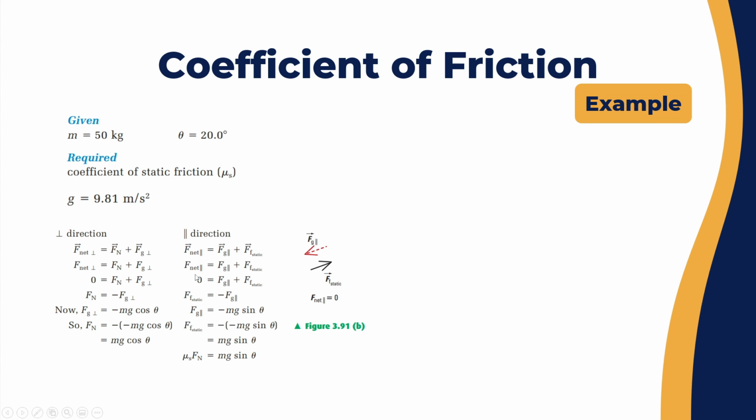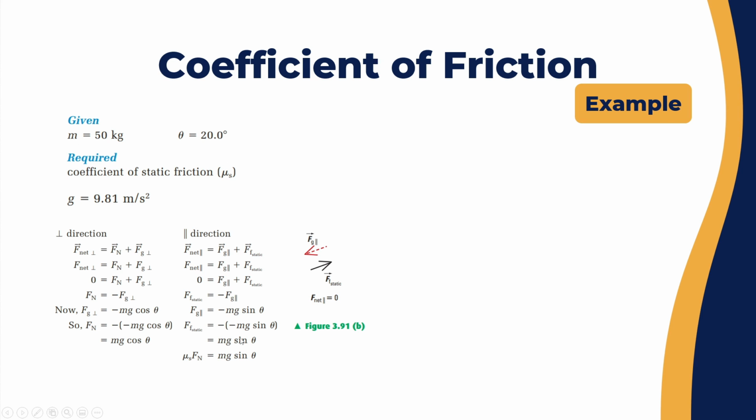For the parallel forces, we have 0 for the net parallel force equals the gravitational force parallel plus the static friction force. The rearrangement of the equation gives the static friction force equals minus F gravitation parallel. We know that the F gravitation parallel component equals minus mg sine theta, so replace this back here. The F static force equals minus the minus mg sine theta.